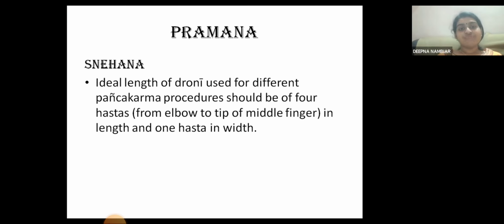So if you are going for Pramana in the case of Panchakarma, Snehana, we can first see the Droni, in which we do the procedure. All the Bahya karmas and even the Panchakarmas are carried out in the Droni. It is the massaging table. It's not a massaging table, of course.